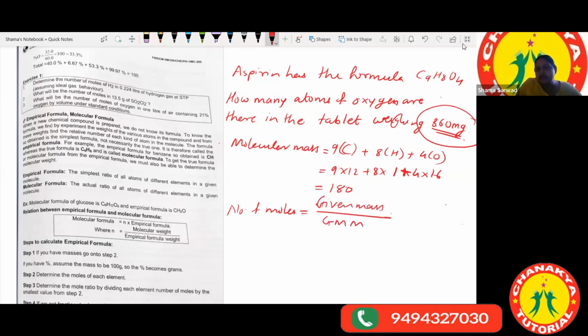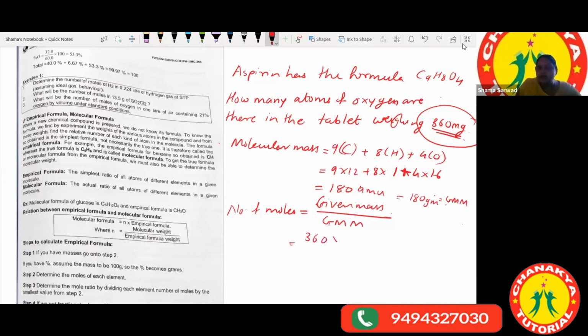This is unified mass or amu we can say. When you express it in grams, it becomes the gram molar mass, that is now 180 gram. So the given mass is 360, but that is in milligrams.